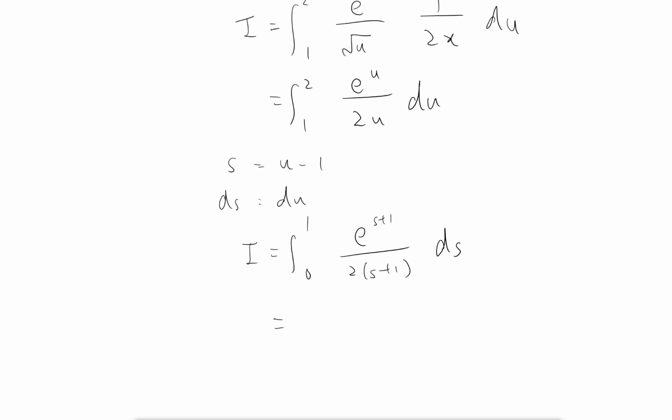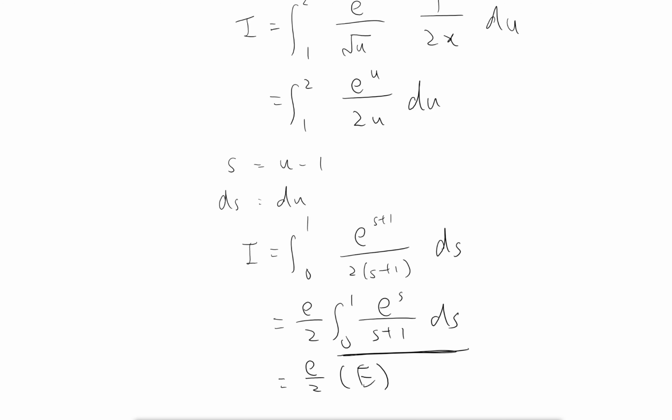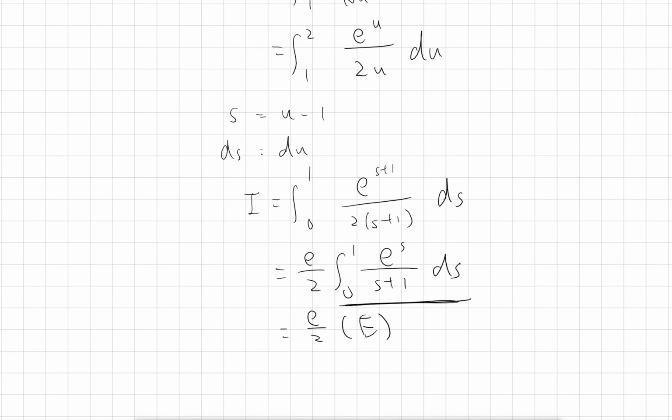Now we actually have essentially the integral that we want, because we could easily take out the constant e over 2, and the last bit is essentially big E. So that integral equals e on 2 times big E. All right, good. That's all the integrals that we have here.